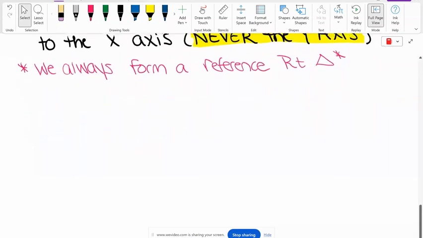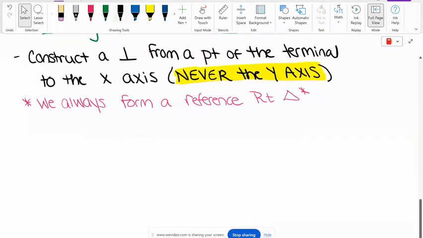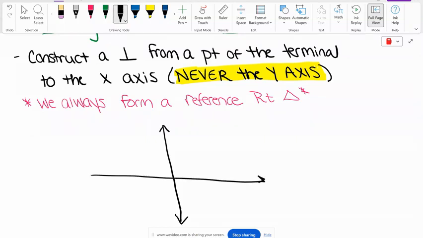All right, so what would this look like? Let's say we have our initial side, and then we have our terminal side and our theta angle.